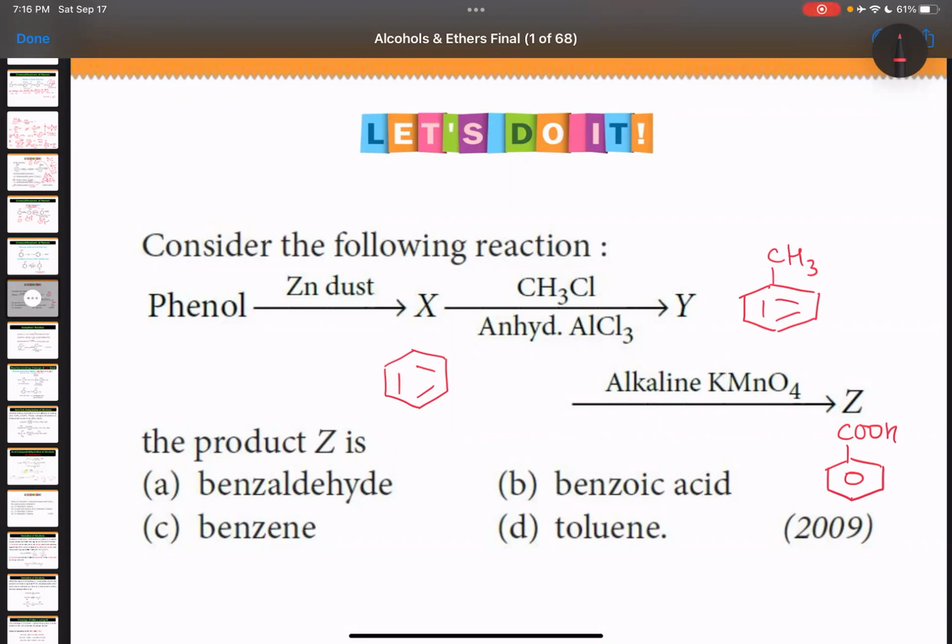Any alkyl side chain of the benzene ring upon oxidation gets oxidized to COOH.